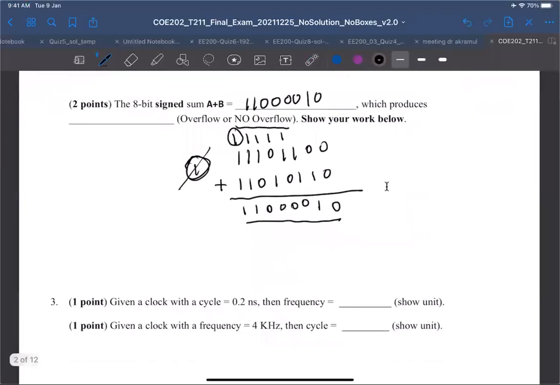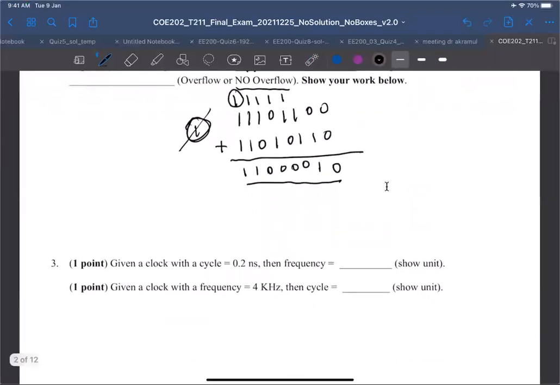What about this problem here? Given a clock with a cycle period of 0.2 nanoseconds, the frequency is 1 over 0.2 nanoseconds, which is in hertz, since 1 over second is hertz. If you calculate this, it will be 5 gigahertz.